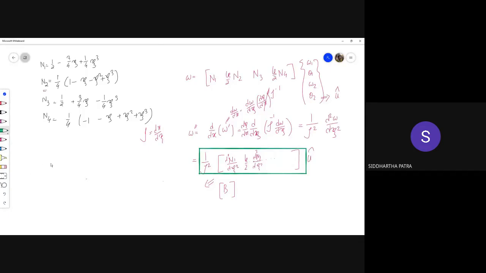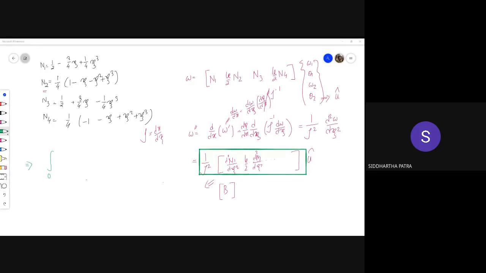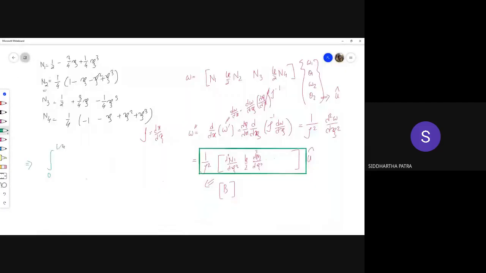As you may have already figured out, this integration from zero to L of EI W double prime V double prime dx is what gives you the stiffness matrix. V double prime can be taken as V hat transpose B transpose.